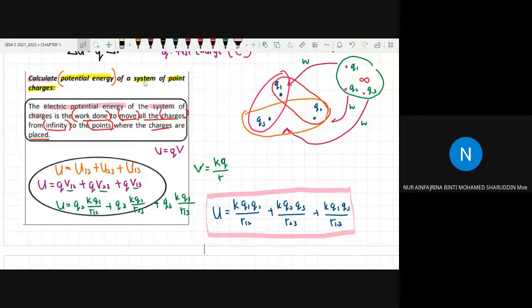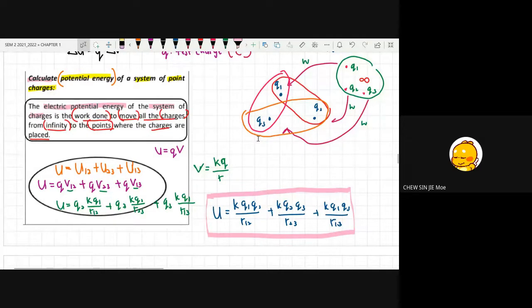This one like, it's just labeling tau, Sinjay. So, macam mana you nak label pun tak apa. Janji, you must consider all. Contohnya you nak cari potential energy untuk charge 1 dengan charge 3. So, you have to make sure lah you ada Q1 and Q3. But how you write it does not matter. Kalau you nak tulis Q31 ke Q13 ke, does not matter.